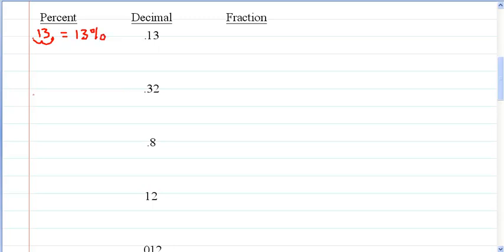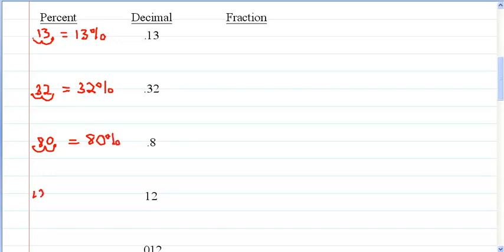For 0.32, I take 0.32, move my decimal point over 2 places to the right, so that it's 32%. For 0.8, I move my decimal 2 places to the right, and I have to add a 0 as a placeholder to get 80%.